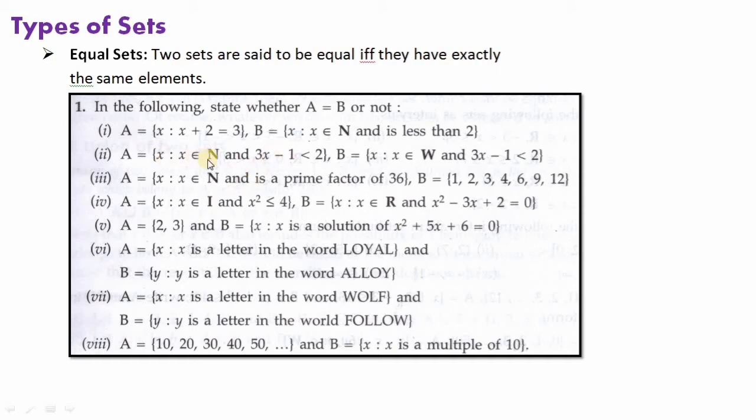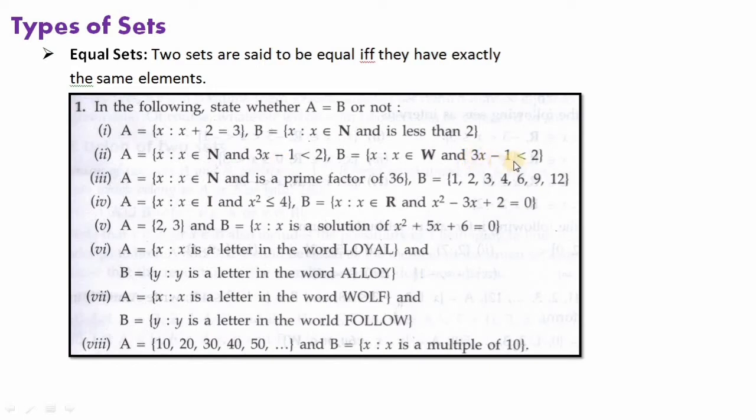Because x belongs to the natural numbers, right? No, right? So that's why can I call A an empty set? Because we don't have any element here, since x is less than 1 and x is a natural number. So that's why this becomes your empty set.